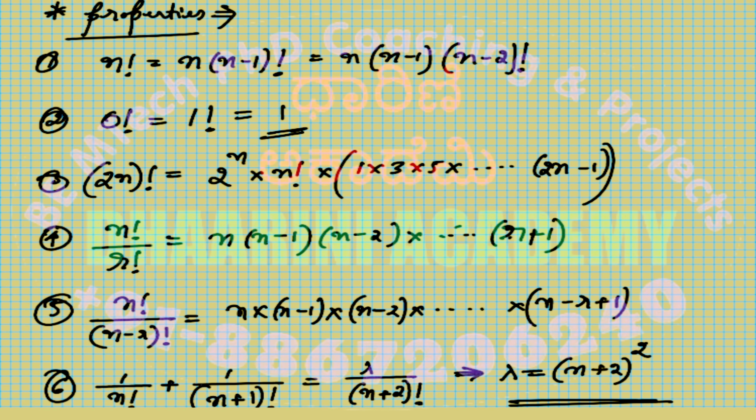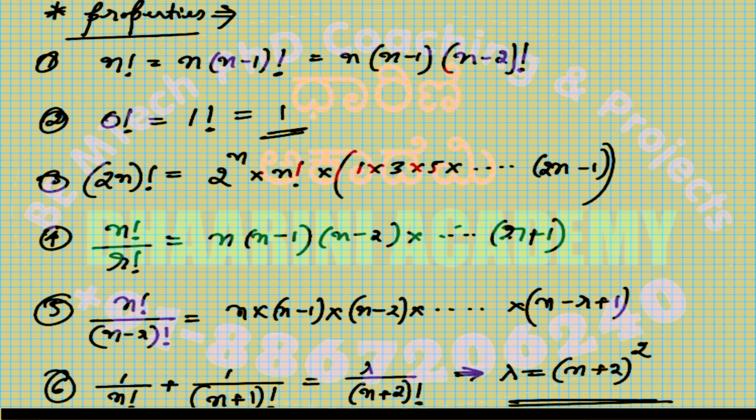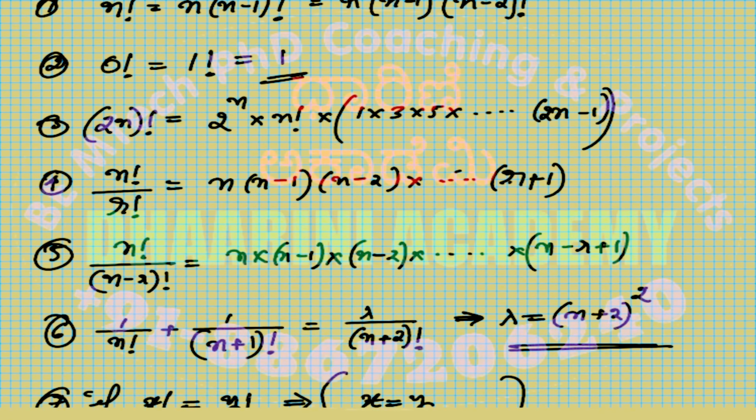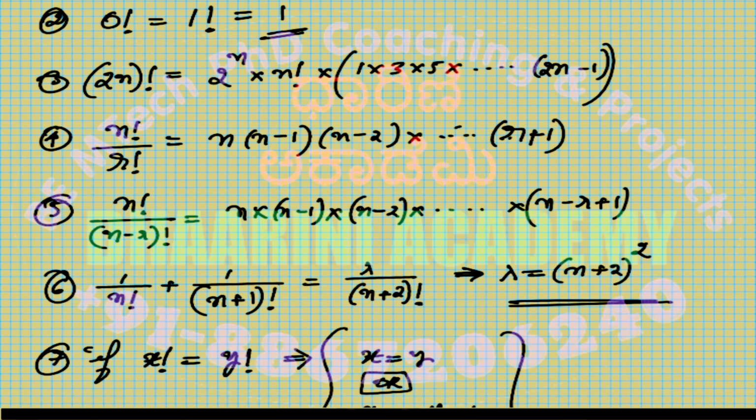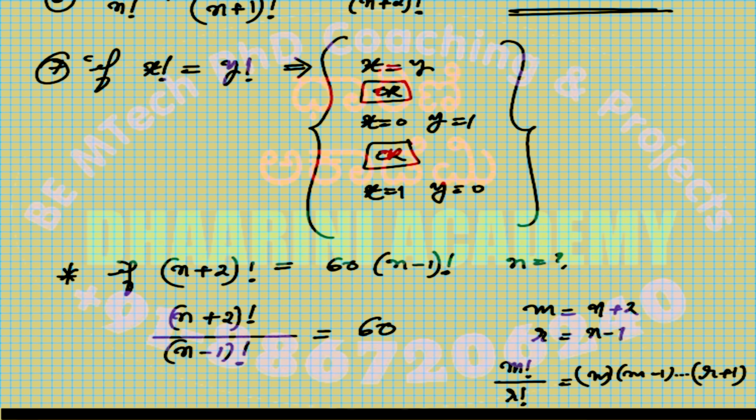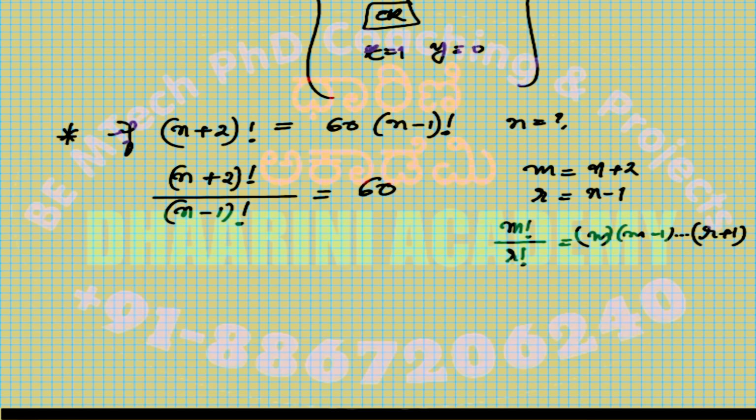Okay, so now let us substitute the values over here. Therefore, in the given problem, our solution is like this. m is nothing but n plus 2.